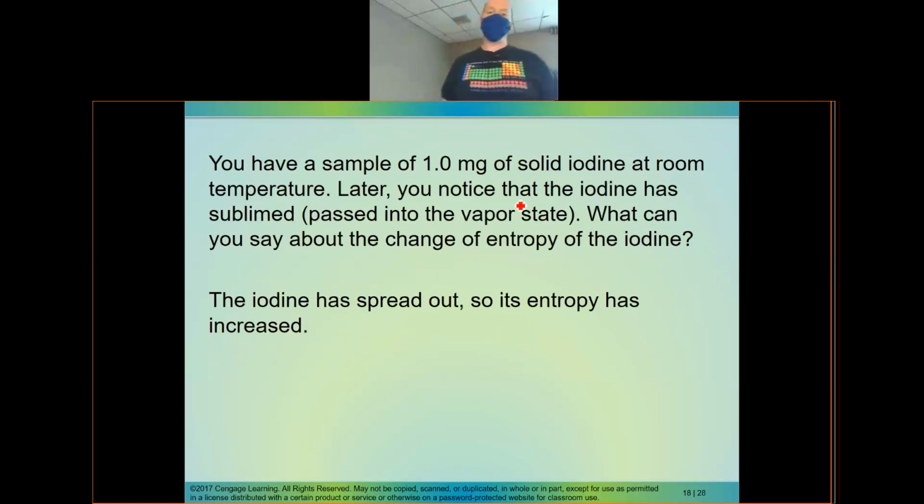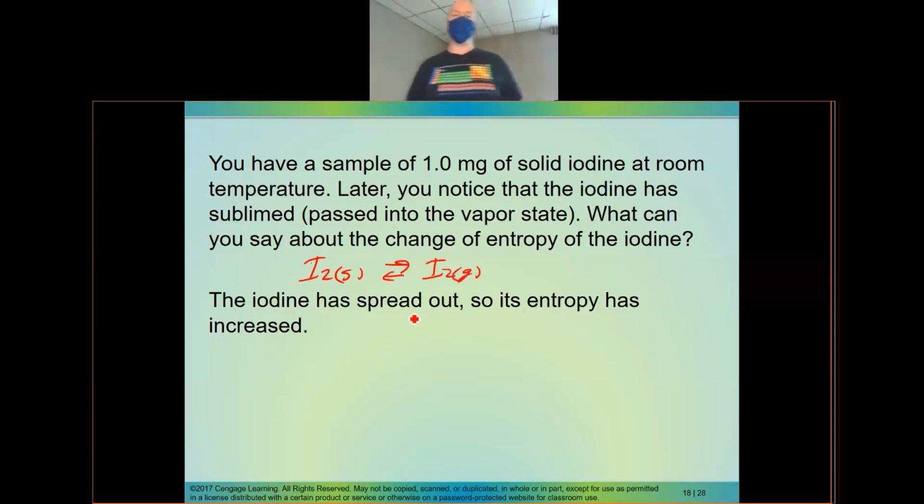All right, so let's say we take a milligram of solid iodine at room temperature. Later you notice that the iodine has sublimed. So we have I2 solid going to I2 gas. Iodine skips the liquid state and goes right to the vapor state. What can you tell about the entropy? Again, you would look at the number of gases.